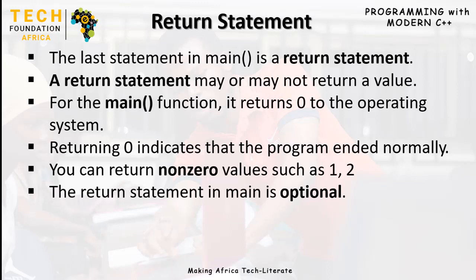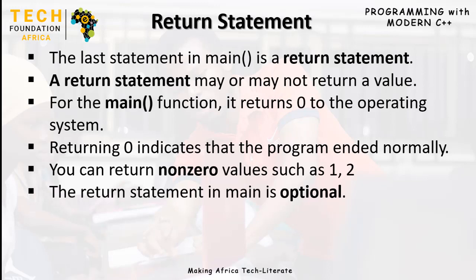Okay, so that is some of the things that you can use the return statement to do. That is in the case of the main, but for other functions that we will be defining later, the return statement is a way of getting output back from the function that we create. Is that okay? And we shall look at those things in a future video.